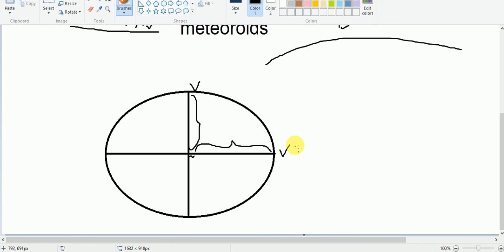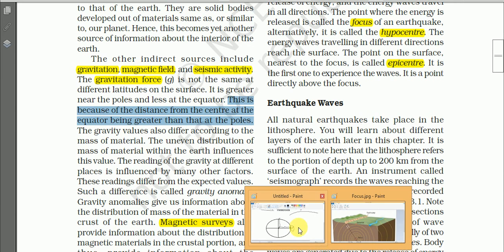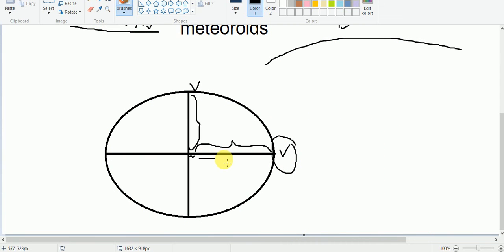You will find less gravity at the equator, as mentioned here. The distance at the equator is greater than that of the poles, as you have seen in this diagram, and that is why gravity is less here compared to the polar area.